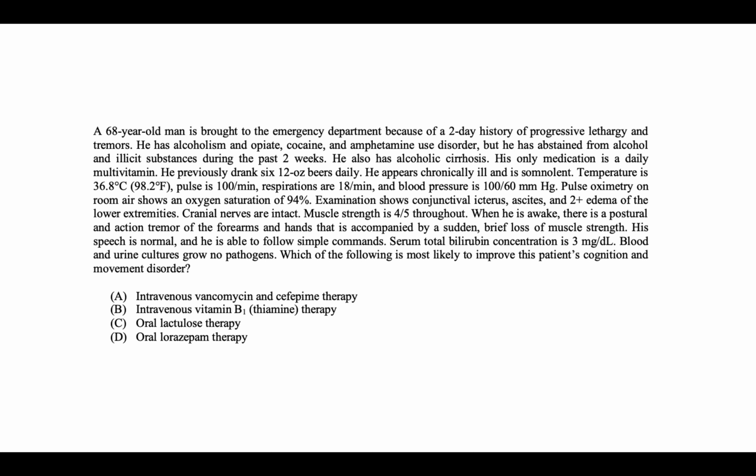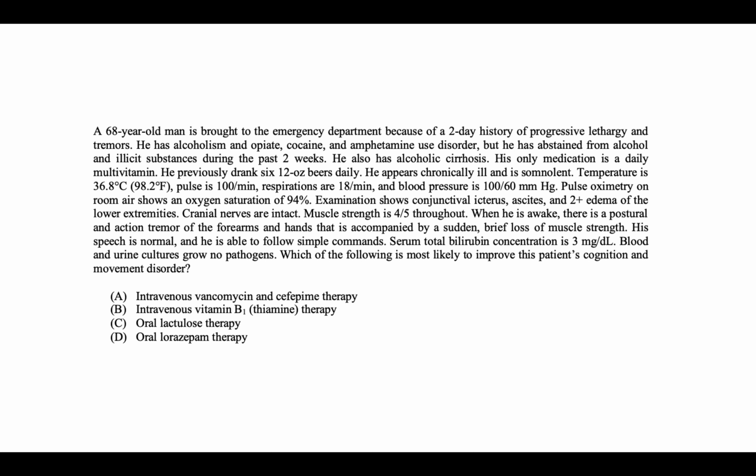Intravenous vancomycin and cefepime therapy. Sepsis or an infection is certainly on the differential when someone is altered and they're tachycardic, when their heart rate's high. Cirrhotic patients do have, they are at increased risk for infection, like a lot of people with chronic diseases.